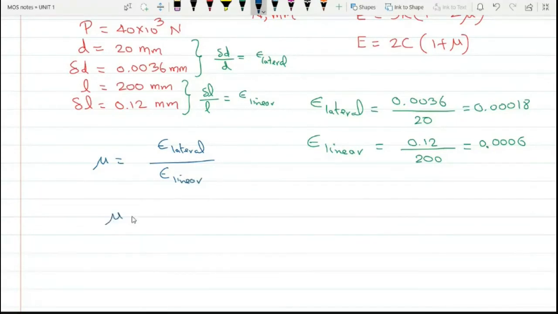So my mu value is equal to lateral 0.00018 and my linear strain is 0.0006. So it is 0.333. There's no unit for mu, so don't put anything because this doesn't have any unit. So now we identified what is our mu value.